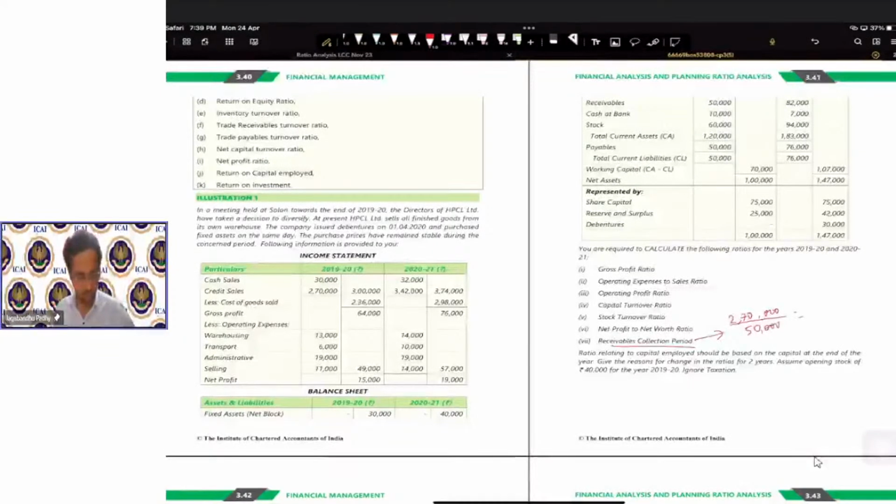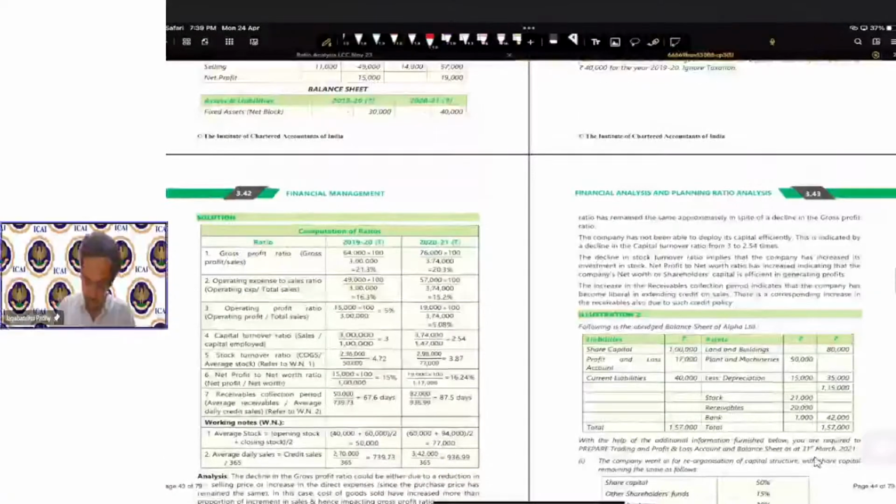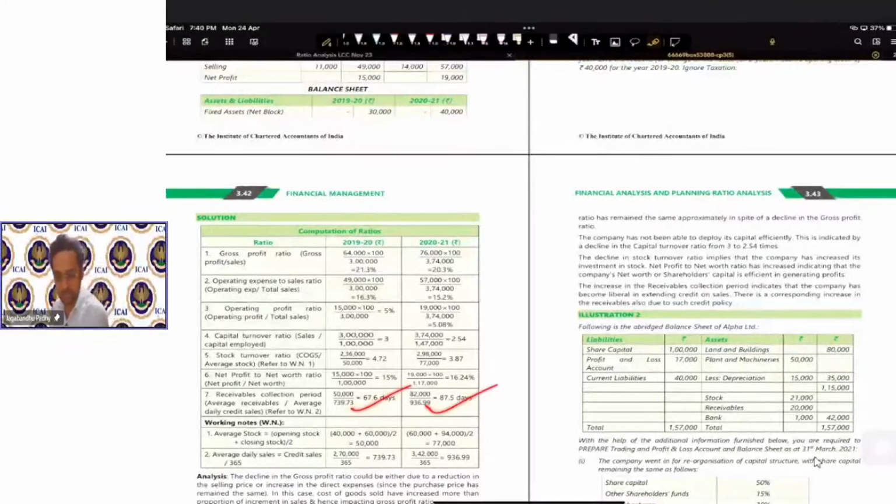That is 5.4 times. Now, if I want the collection period, I simply take 365 divided by 5.4, that amounts to 67.59 days, or 67.6 days. Similarly, you can get this 87.5 days.